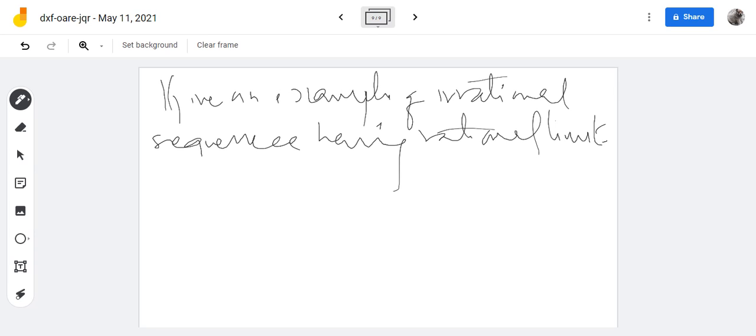So this is your task. You have to give an example of an irrational sequence having a rational limit. Okay, let's go through the examples that are given in that PDF file.